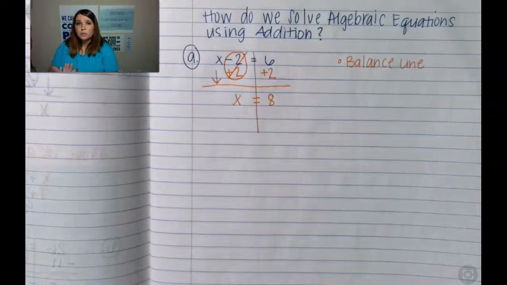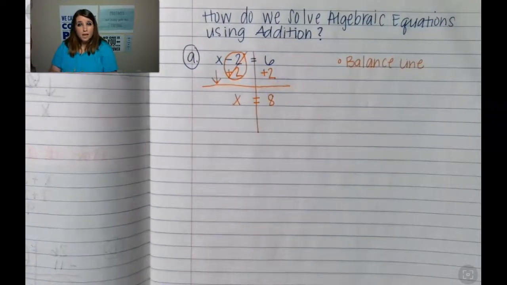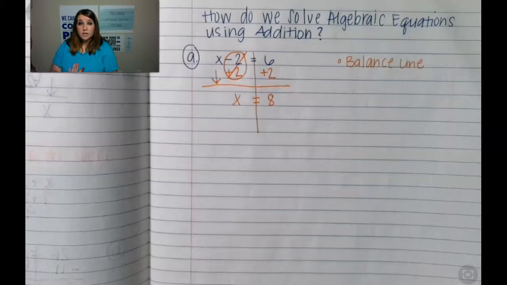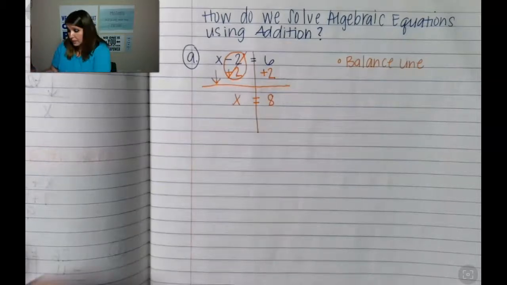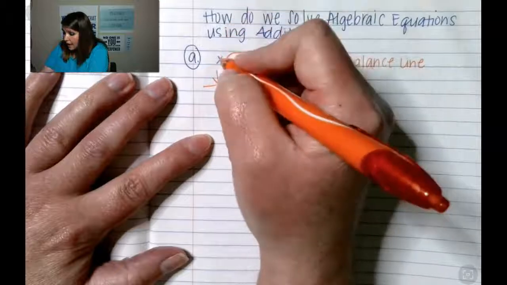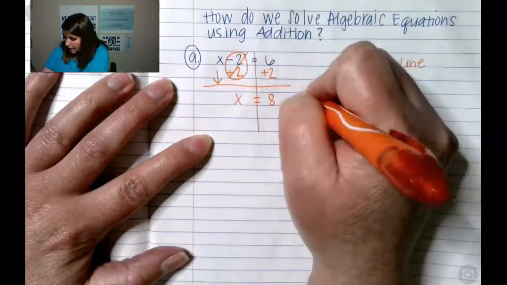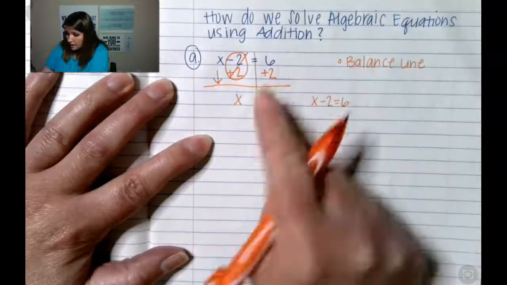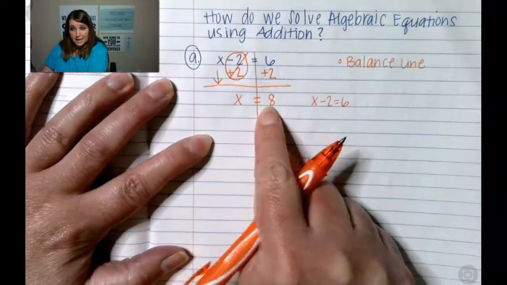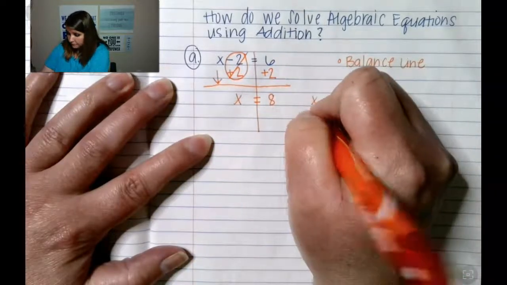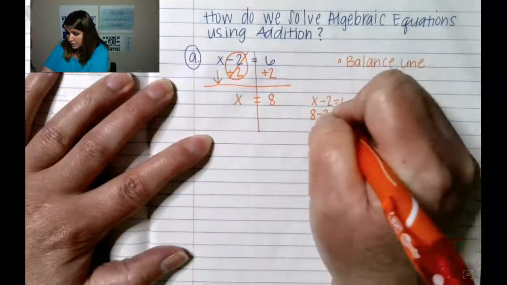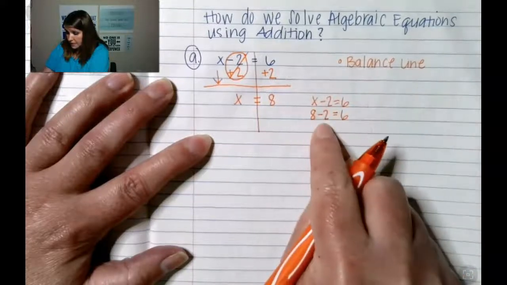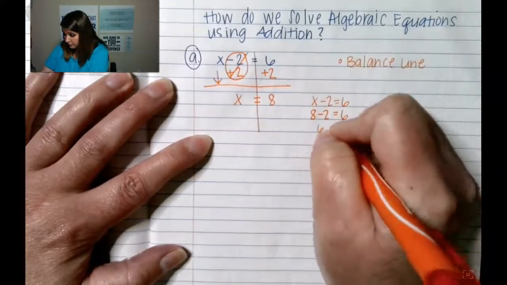Now, it's really, really important to make sure that I check my solution. Otherwise, I could have done something really bad over here. So we're definitely checking my solution. I originally had x minus 2 equals 6. I'm going to throw this 8 in for x. 8 minus 2 equals 6. 8 minus 2 is 6.